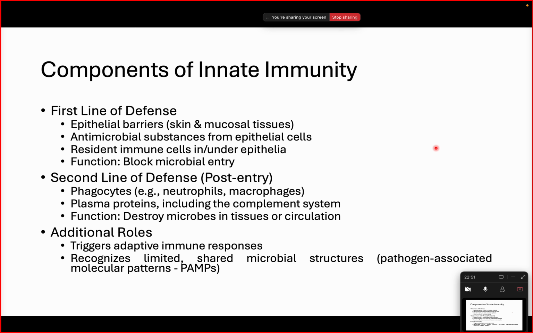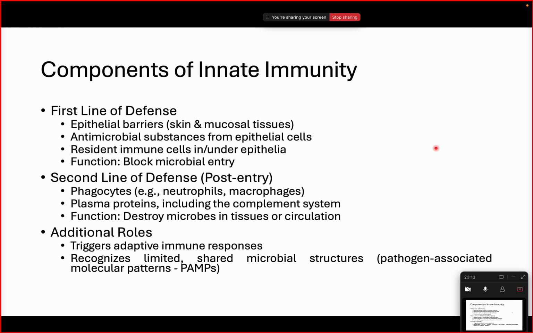So it is the duty of innate immunity's components to let the components of adaptive immunity know that some foreign object has entered our body.